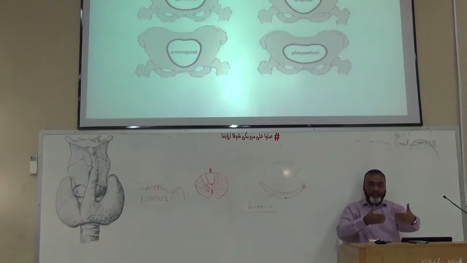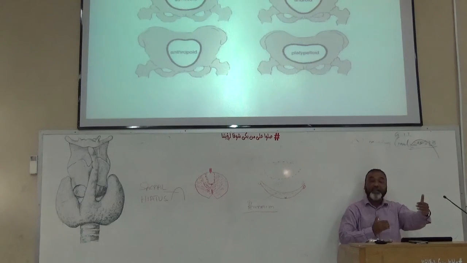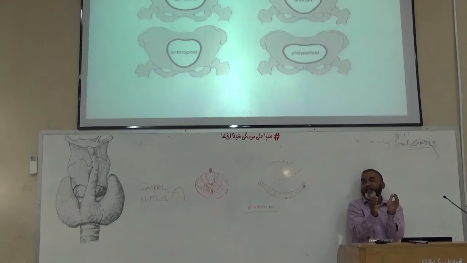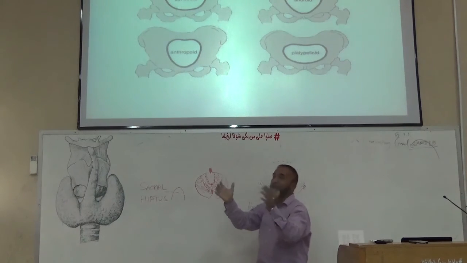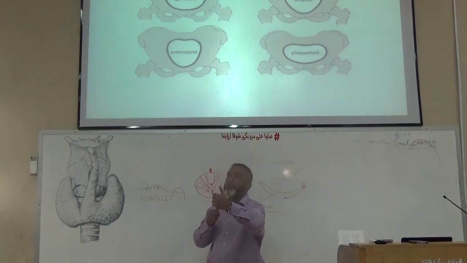It has more anterior-posterior but less transverse diameter. In the fourth type, again it is oval shape, but it has more anterior-posterior but less transverse diameter, so the head cannot pass. So the ideal is the gynecoid type, which has nearly equal transverse as well as anterior-posterior diameter.